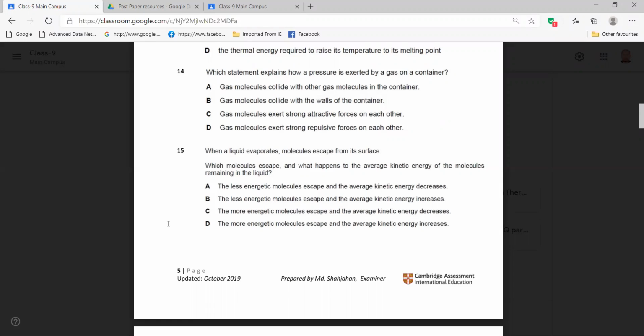Shafkat, you read. Question number 15. When a liquid evaporates, molecules escape from its surface. Which molecules escape and what happens to the average kinetic energy of the molecules remaining in the liquid? You just tell me the correct answer. Don't read all the options.